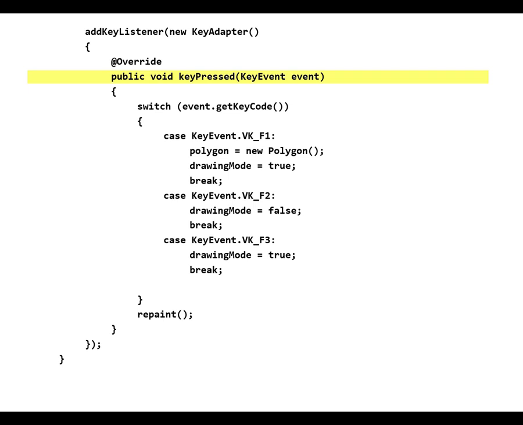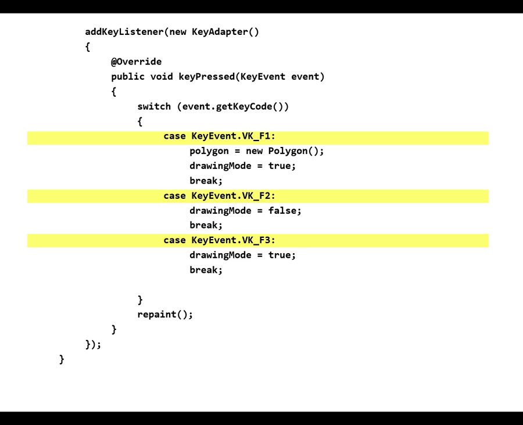Because the function keys do not produce characters, pressing a function key will not generate a key typed event. The event that is passed to the keyPressed method contains the information about what key was pressed. Because we are interested in a function key, we must use the method getKeyCode to extract that information.